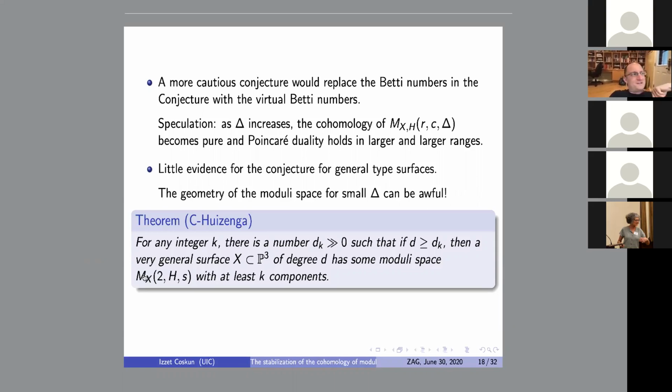That's not the theorem, but it wouldn't surprise me if that's the case. So you really need to make the discriminant large, but then it's hard to get your hands on these moduli spaces, especially for general type surfaces. So one has to be a little bit cautious. But anyway, these are the caveats.